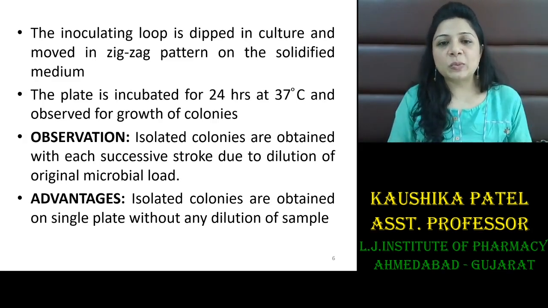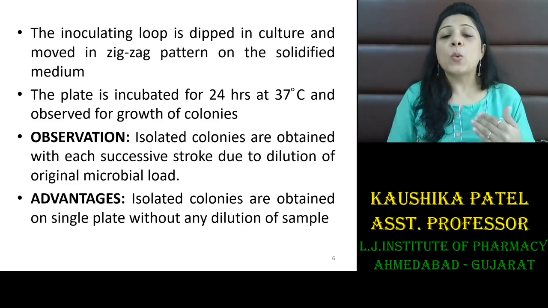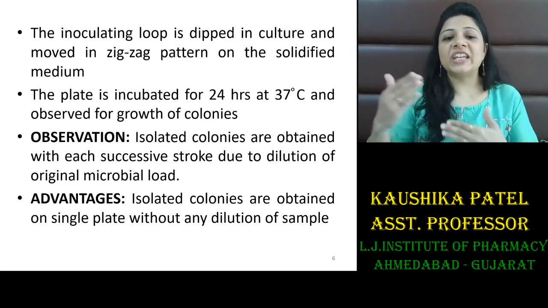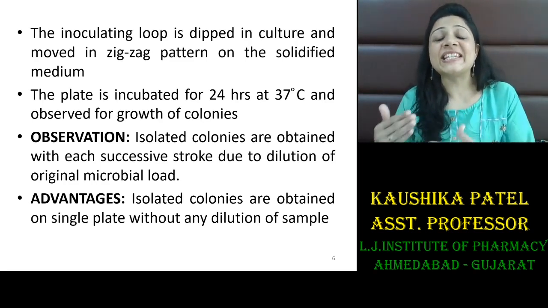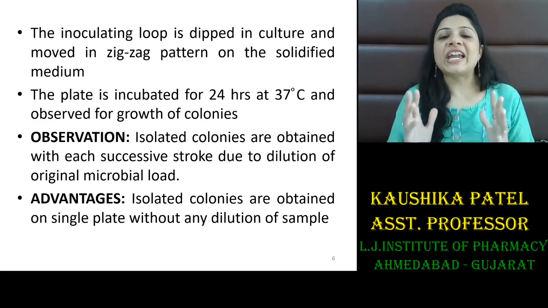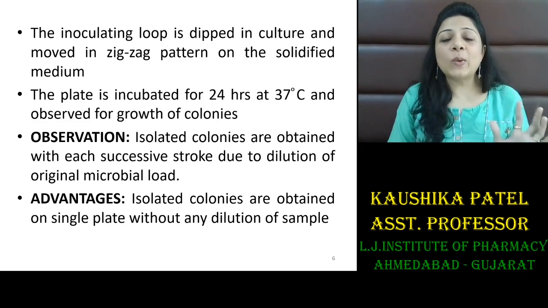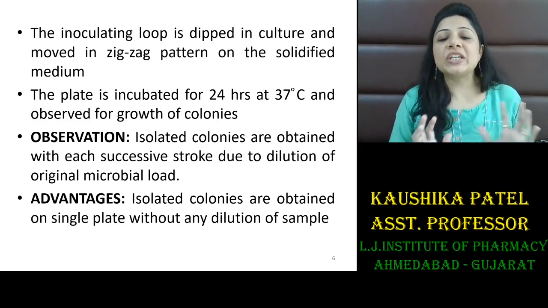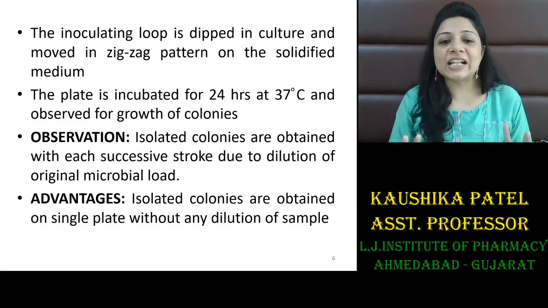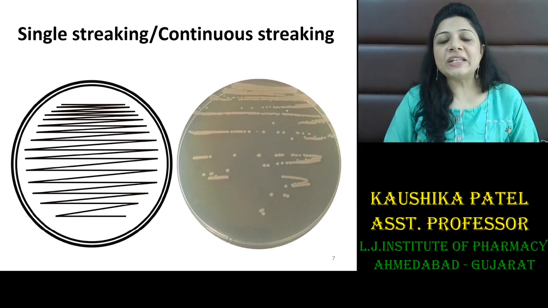Then the plate is incubated for 24 hours at 37 degrees Celsius, and after 24 hours the growth is observed. We will observe that isolated colonies are obtained with each succeeding stroke due to the dilution of the original microbial load. The advantage is that isolated colonies can be obtained on a single plate without any dilution of the original sample.